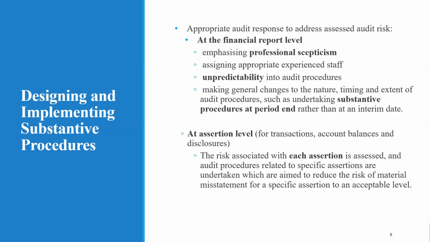And if we can identify the key accounts and key assertions, what about the other accounts or other assertions? From the auditor's point of view, we have limited time. So basically we focus on key accounts, key assertions.